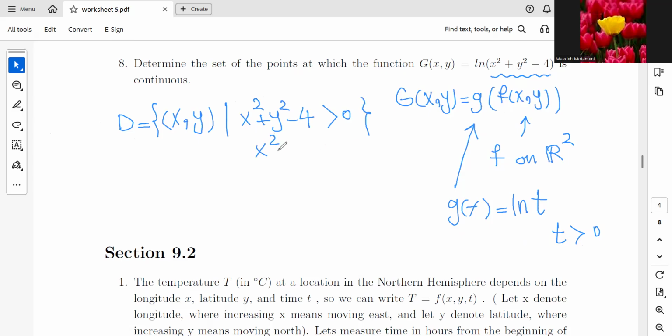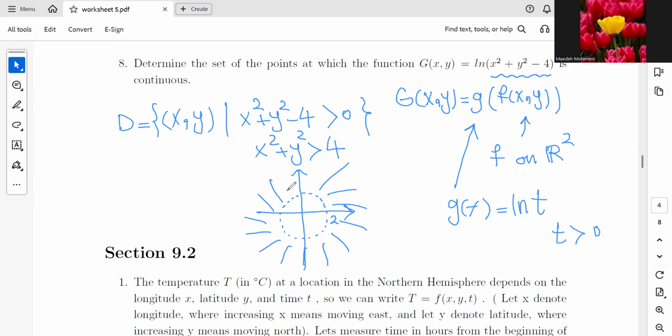And we have to rewrite it as x squared plus y squared more than 4, and it will be a circle, not the circle itself, because we don't have any equal sign here. The radius is 2, the center is 0 and 0, and all the amounts that are more than this is where capital G is defined and continuous.